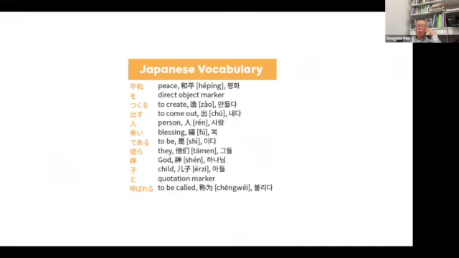The vocab that I want to point out is the second one, を. This is a direct object marker. And the next one is と, the second from the last line, a quotation marker. と is not seen in Chinese, even though there is a corresponding vocab in Korean.